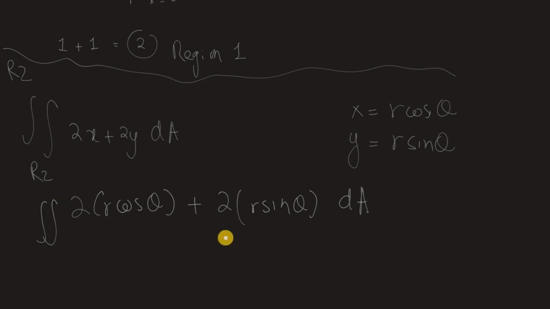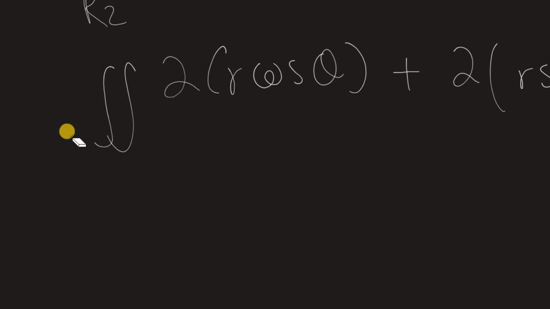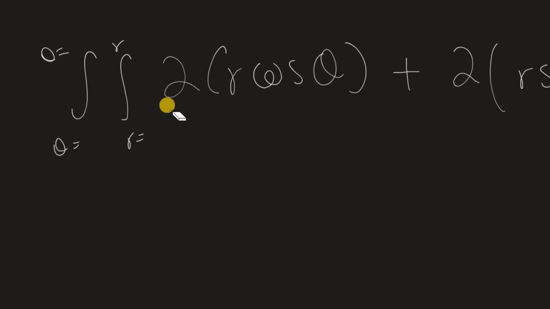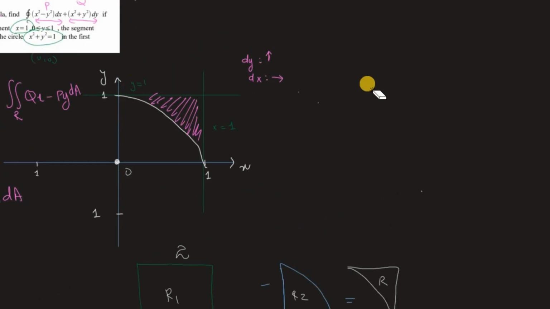Now let's go ahead and replace these with the corresponding r and the angle. So what is the r that we have over here? Here this is our region 2, and the r that we have here goes from r equals 0 to, what is the radius of this circle?